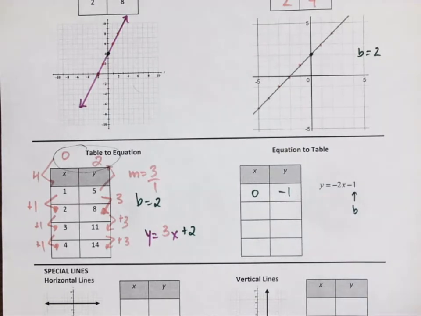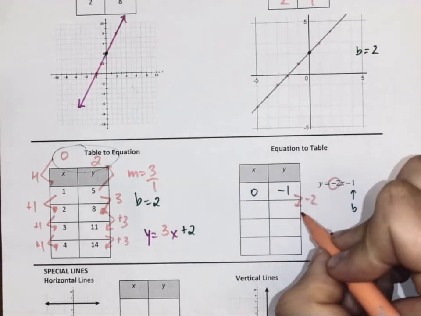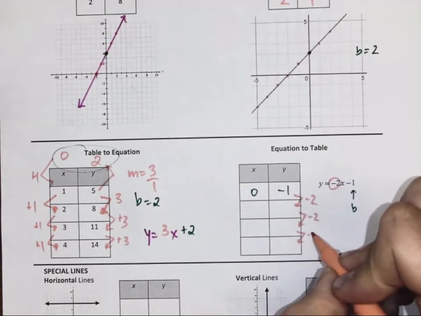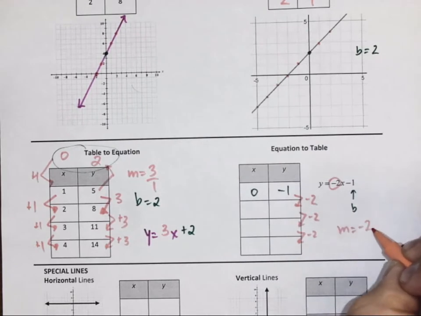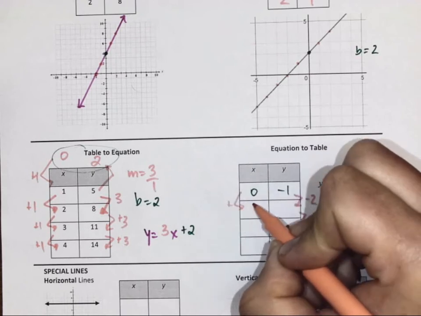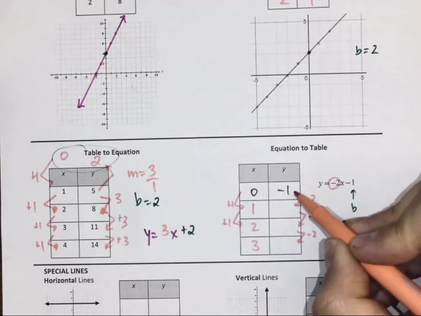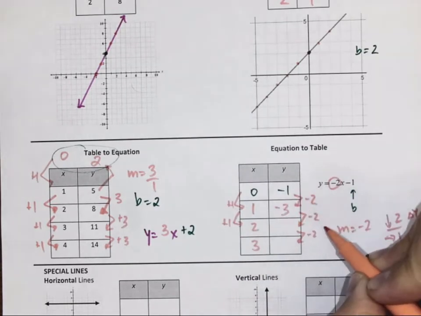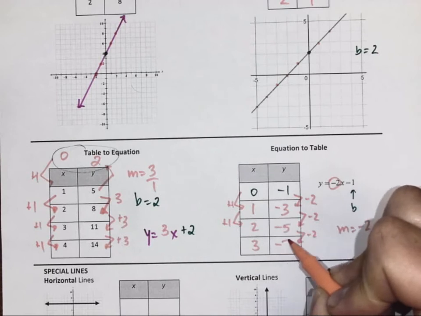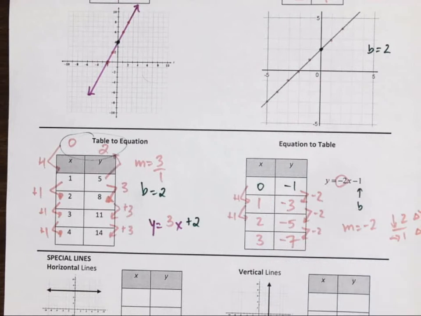But if I know that my slope is -2, that means the change in y is going to go down 2 each time, and the change in x is always going to be +1. So -1, down 2, -3, -3 take away 2, -5, -7. Again, I could have just subbed in any values for x and solved.